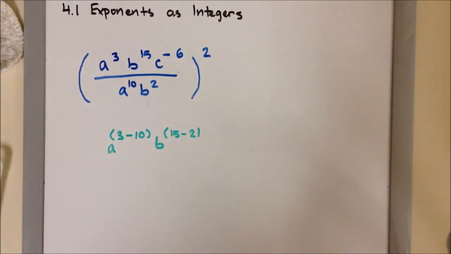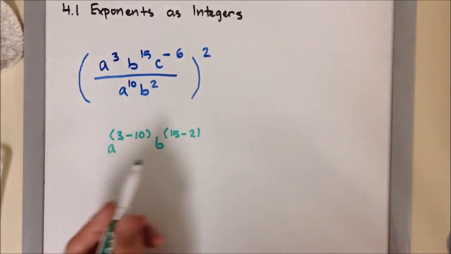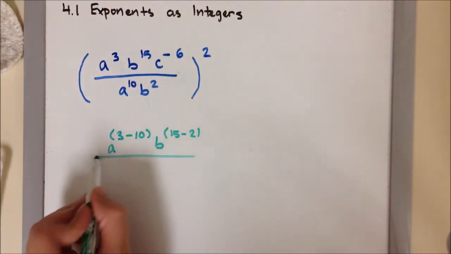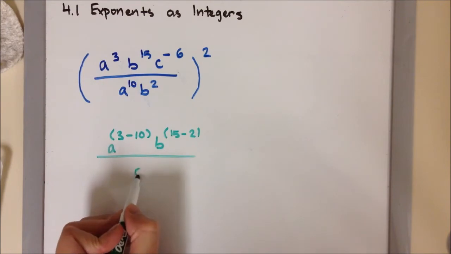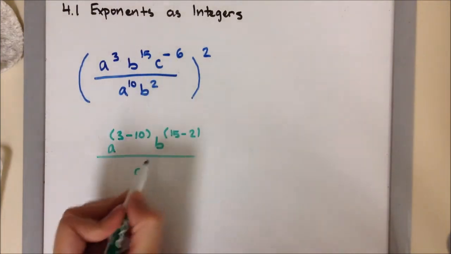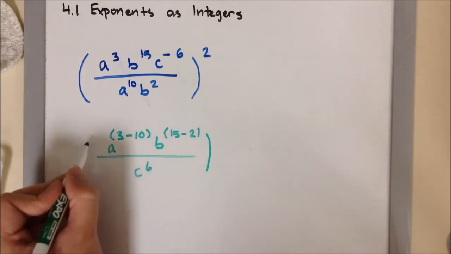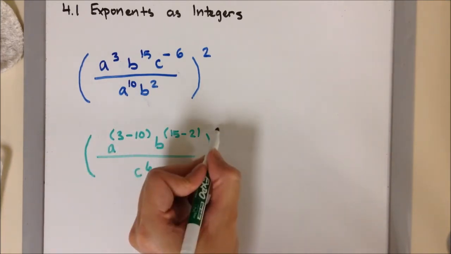Now, since my c has a negative exponent and I want to convert it to a positive exponent, since my c is on the top, I'm going to move it to the bottom, to the opposite side. So c, and once I move it from top to bottom, my negative 6 becomes positive 6. And I still have the exponent on the outside of the parentheses, which is the square.